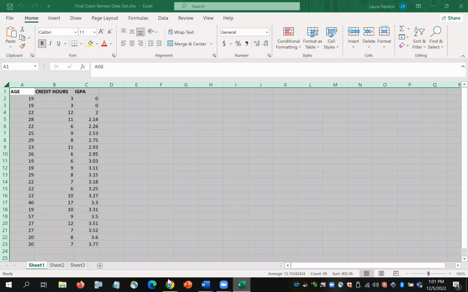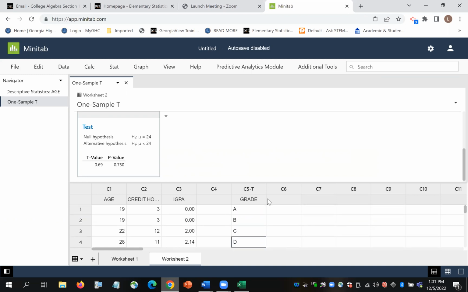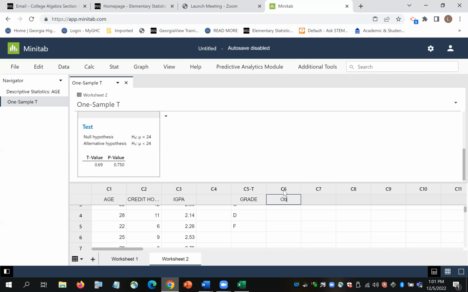So I'm going over to Minitab. Oops, that's not Minitab. And I'm going to go over to column 5 because I already have stuff in 1, 2, and 3. I need to put the grade, which is either an A, a B, a C, a D, or an F. And then I'm going to put the observed counts.